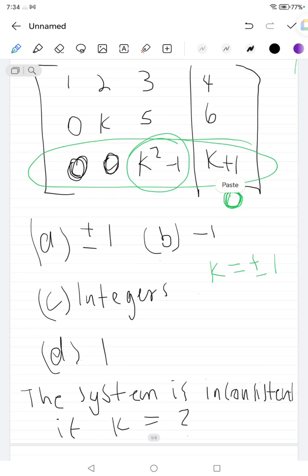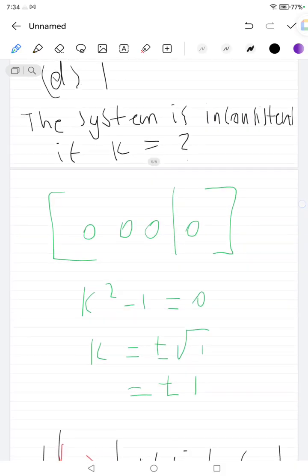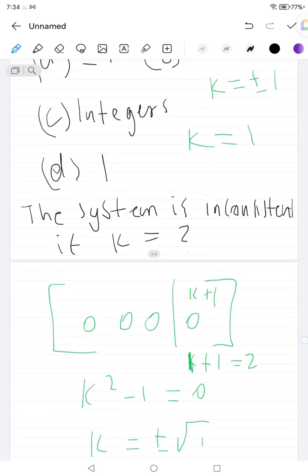Oh yeah, so now our only answer is that the system is inconsistent if k is equal to 1, because on this side we get k plus 1, which is 1 plus 1, giving us 2.